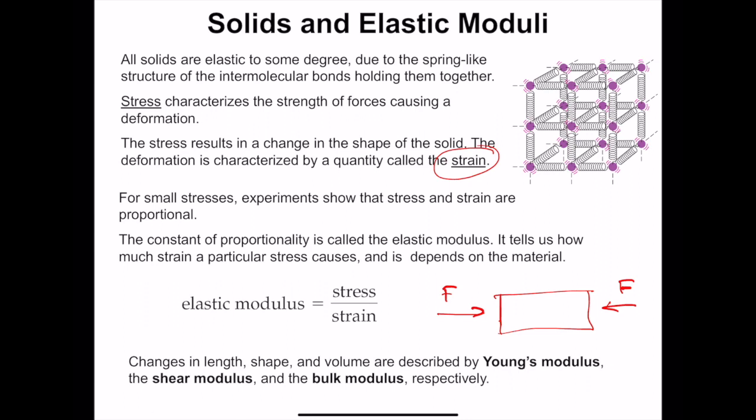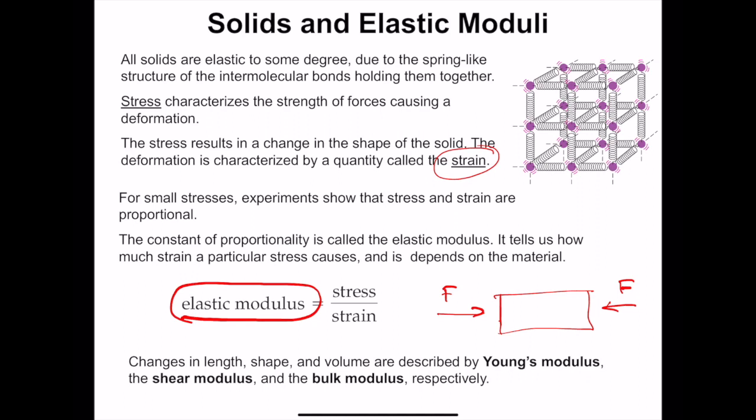Now the third concept that I'll introduce you to is the elastic modulus. What is the elastic modulus? From experiments, it's found that the stress and the strain are linearly proportional to each other for most objects. That means if you double the stress on an object, you will double the strain.